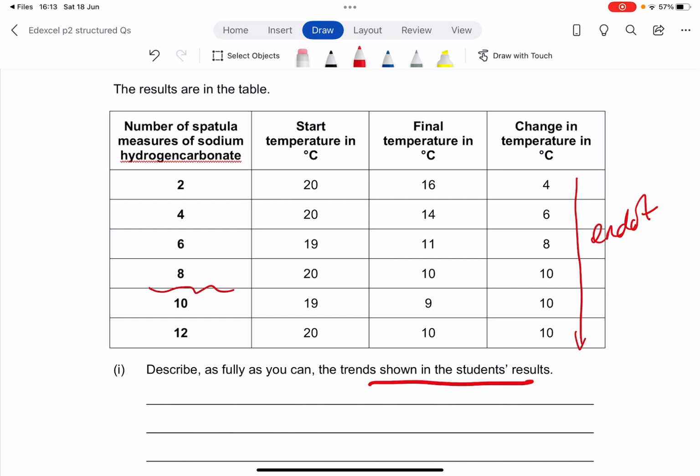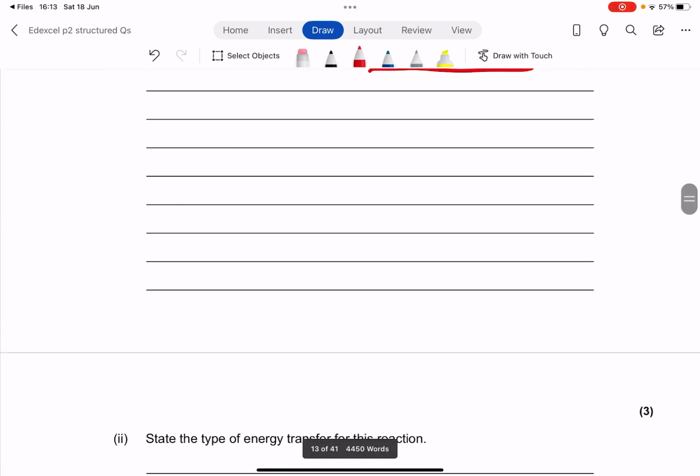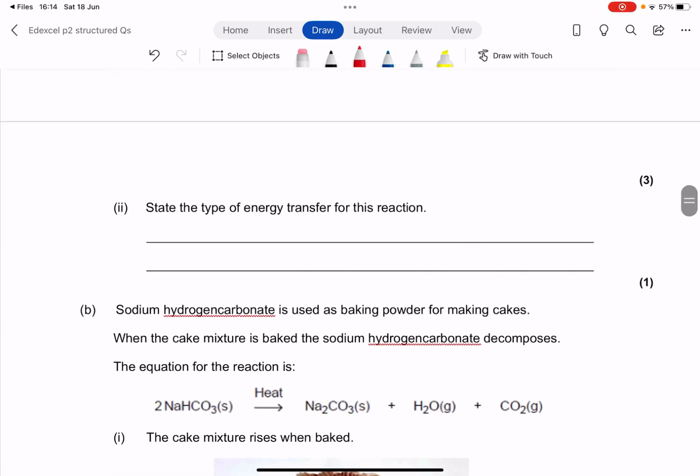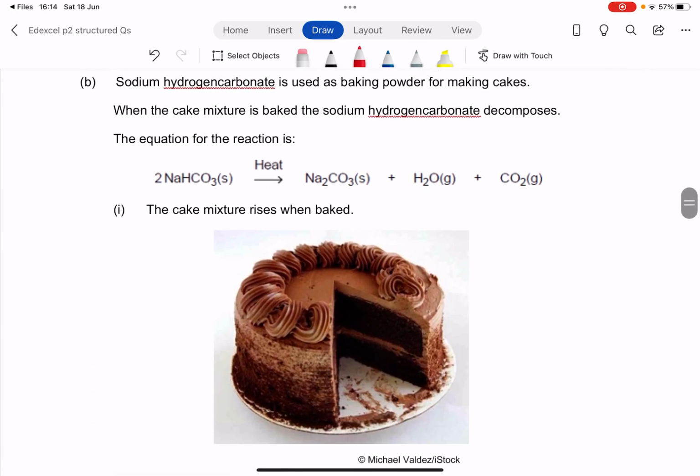Spatula 10 and 12 is no change in temperature. The change in temperature is the same. So what does that mean? The temperature becomes constant after 8 spatulas. The reaction's gone to completion. Okay? State the type. We've already mentioned that it's endothermic.